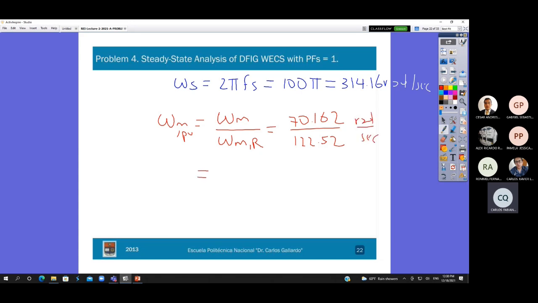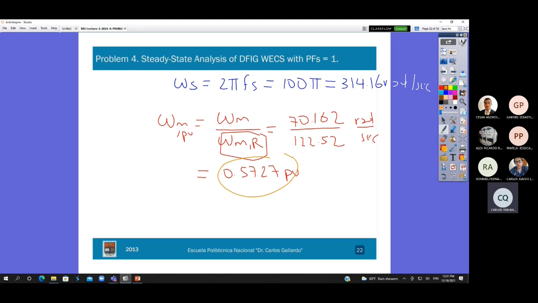The speed ratio is 0.5727. Because the rated value is equal to the base, it's possible to say this is the per unit value. And this is the factor for estimating the new power and the new torque at the new speed.